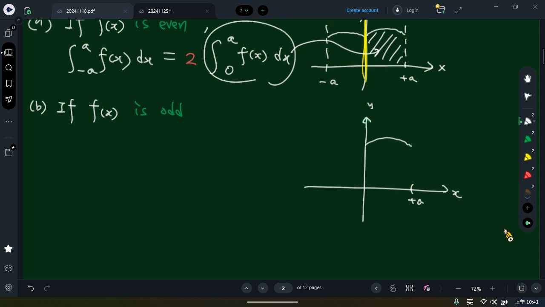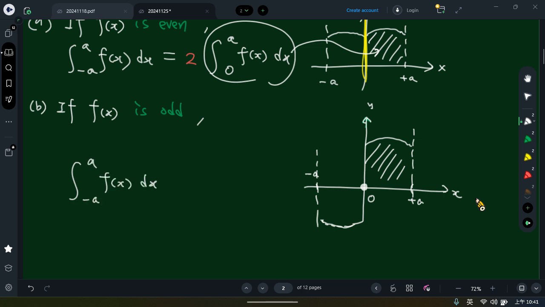Since it's an odd function, we have the same curve, but symmetric to the origin, right? So if here is negative a, the curve will look like this, right? So the size here will be the same as here. So if I ask you to calculate, what's the result? What's the result?